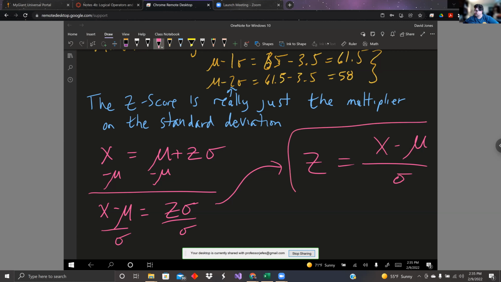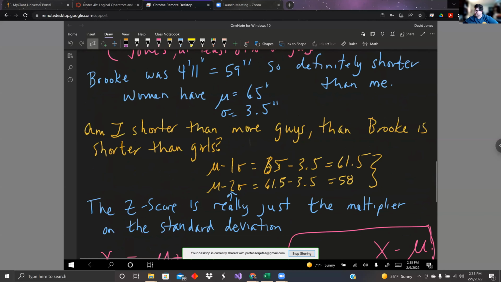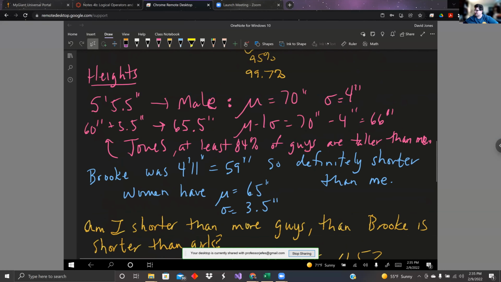That's pretty important. This is how we compare apples and oranges. And how it differs and how we're allowed to do it is just like up here.